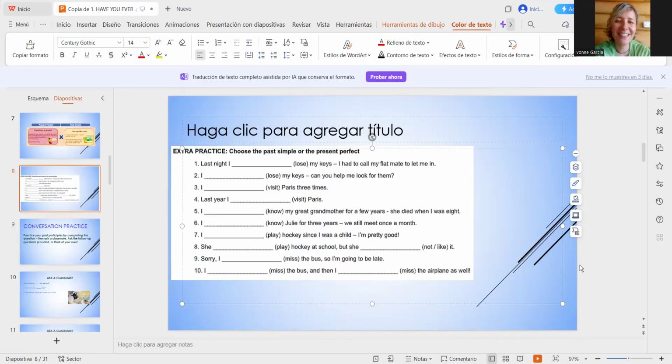Which one do you prefer? The past simple or the present perfect? I'm going to give you a minute before answering.